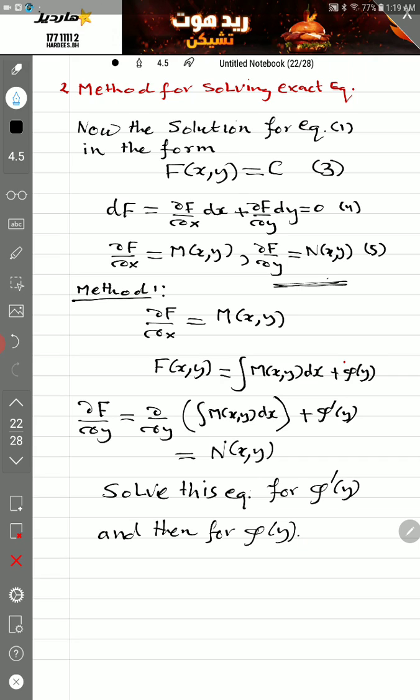Then the solution is given by equation 3. After finding phi, you substitute back in equation 3 to find the solution.